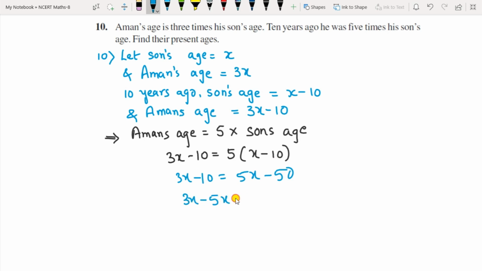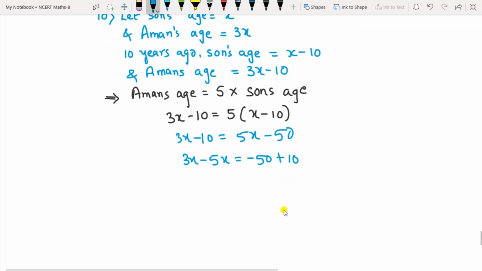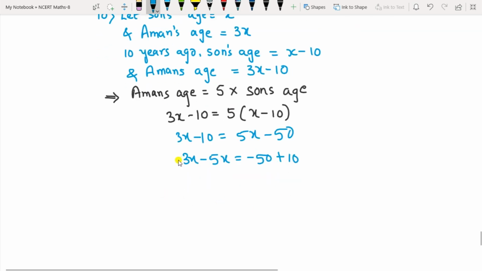So this becomes here 3x minus 5x equal to minus 50 plus 10. Since this is minus here, move to this side, it becomes plus. So it becomes now plus minus minus, that is 2x. Since greater number is minus here, so put minus. Similarly here also, plus minus minus, 50 minus 10 is 40 and greater number is minus.